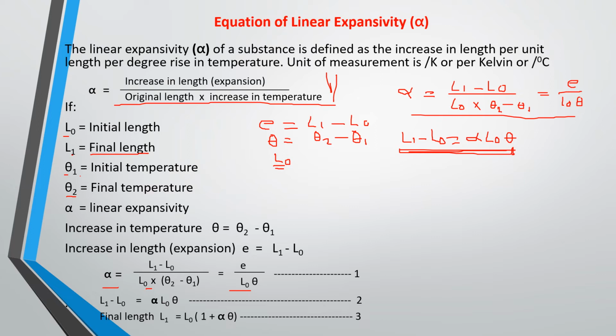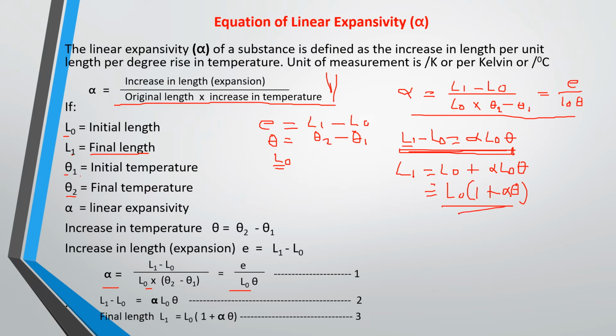Then in some instances, if you are asked to find the final length, you can just write your equation that final length is equal to L0 plus linear expansivity times L0 times temperature change. So you can write this equation to look like this: L1 equals L0 times 1 plus expansivity times temperature change.